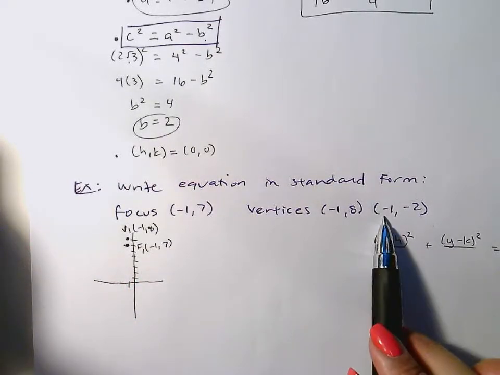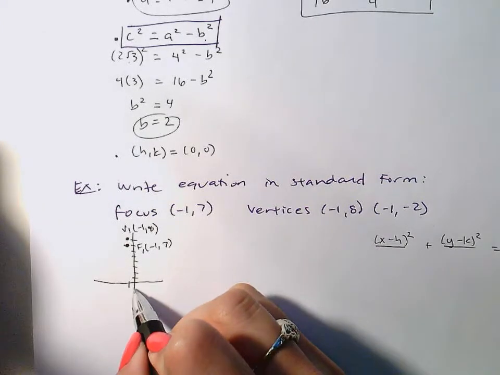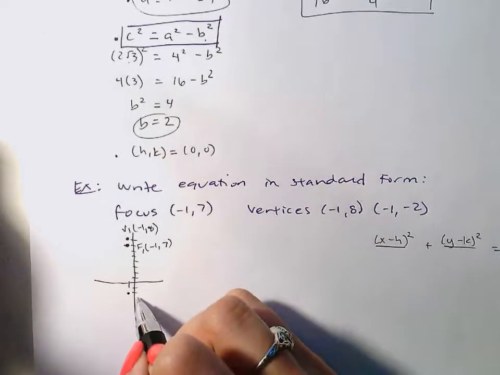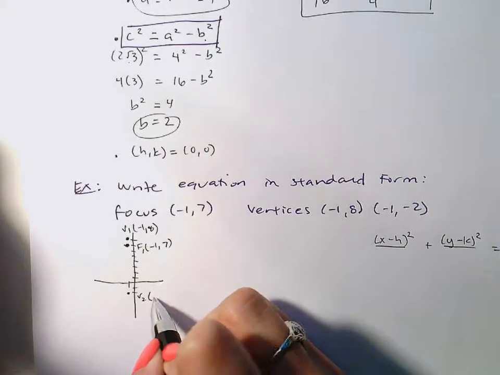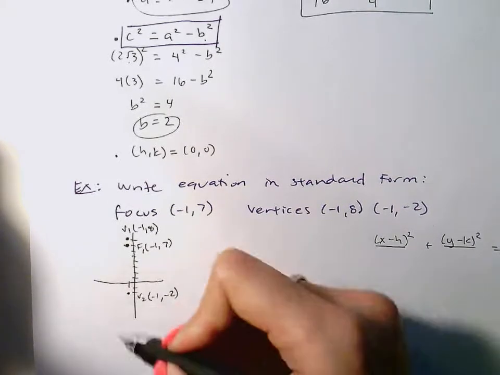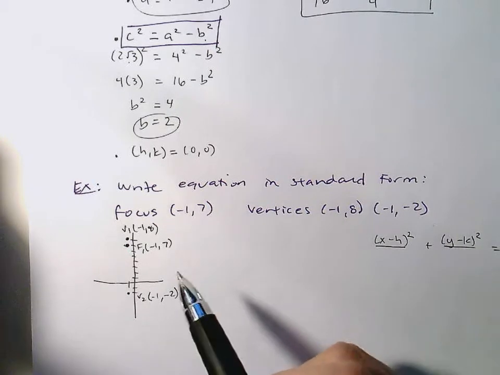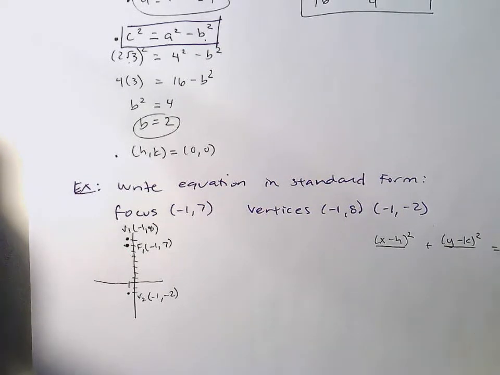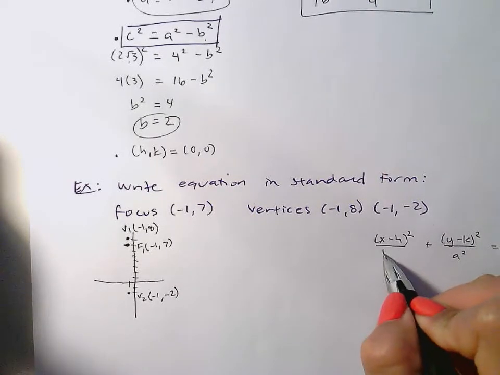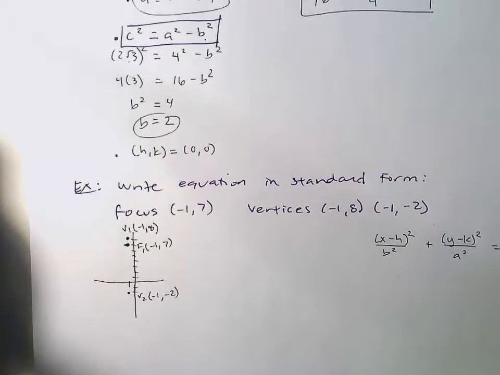And vertex number 2 is negative 1, negative 2. So this is negative 1, 1, 2. So vertex number 2 is at negative 1, negative 2. So this is all aligned vertically. If it's aligned vertically, the a squared is going to go under the y's. So this is going to be a squared under the y's, and it's going to be b squared under the x's.